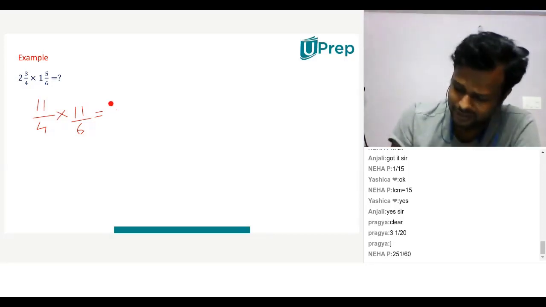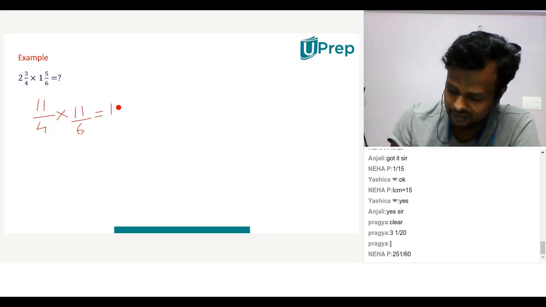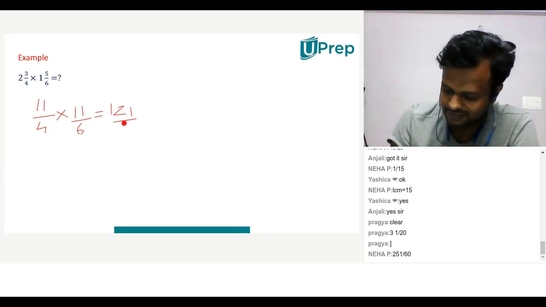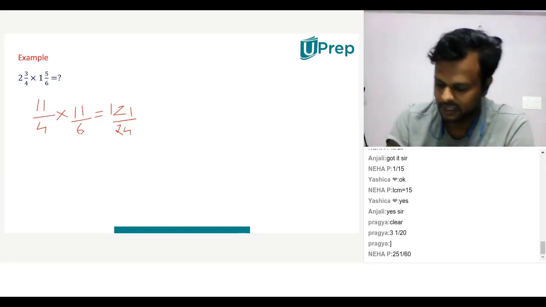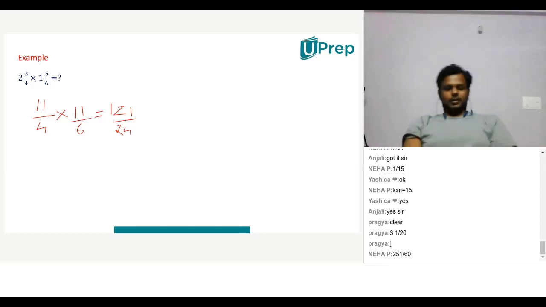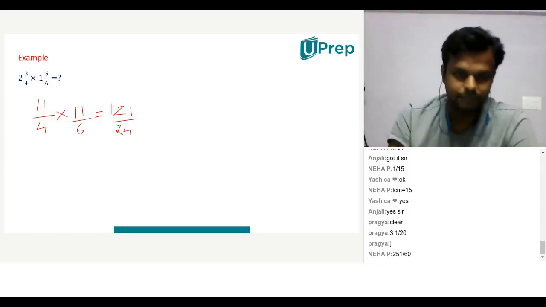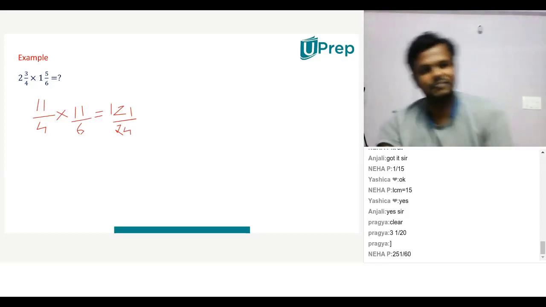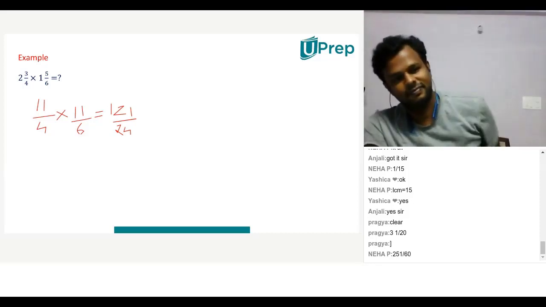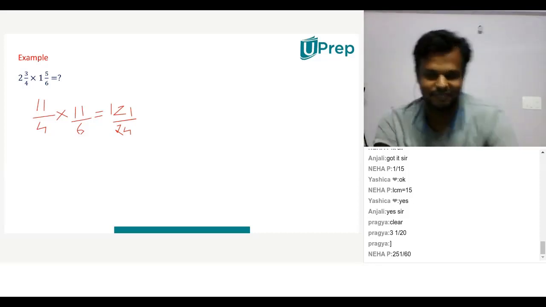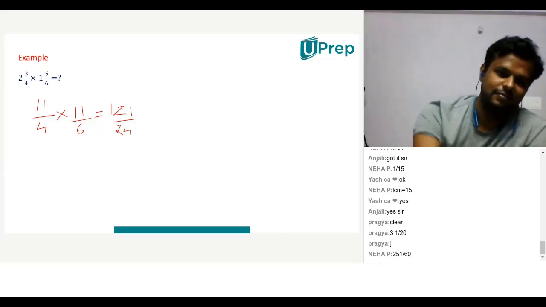No, 121. Neha, we need to know, it is multiplication, right? I got it wrong. 121 upon 24. Actually, I did 4 into 6 is equal to 24, right? Yeah, I got the multiplication wrong with 11 into 11. Okay.